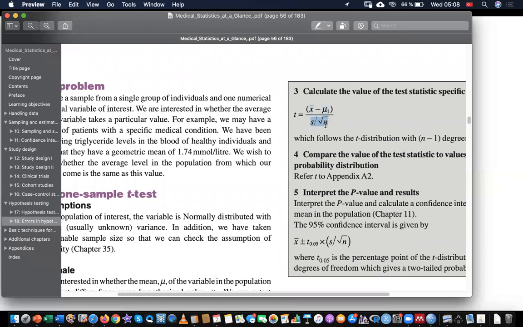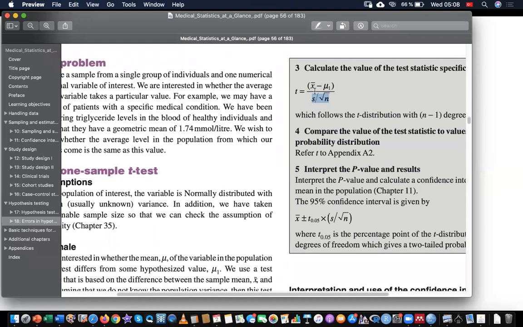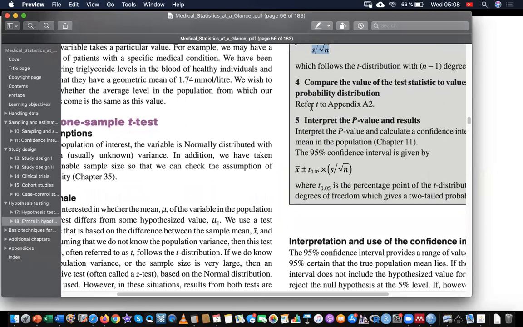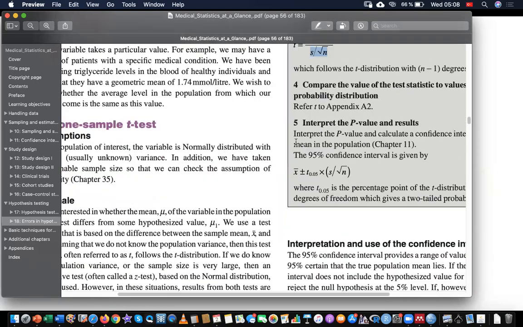Standard deviation divided by square root n. This was the standard error of the mean. You see, if you know the standard error of the mean and you measured the mean of your population, it is very easy to calculate a t value.